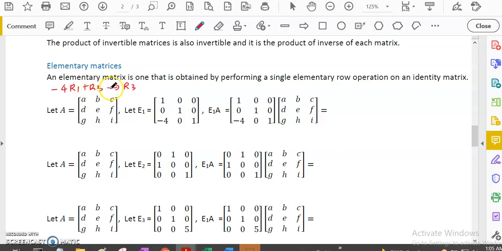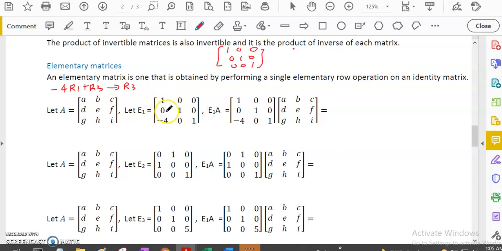This is usually what we do if we want to clear some entries in row 3 to 0. Row 1 is our pivot row. If I want to do that, I can do the same thing to the identity matrix. Remember, the 3 by 3 identity matrix is 1, 0, 0, 0, 1, 0, 0, 0, 1.